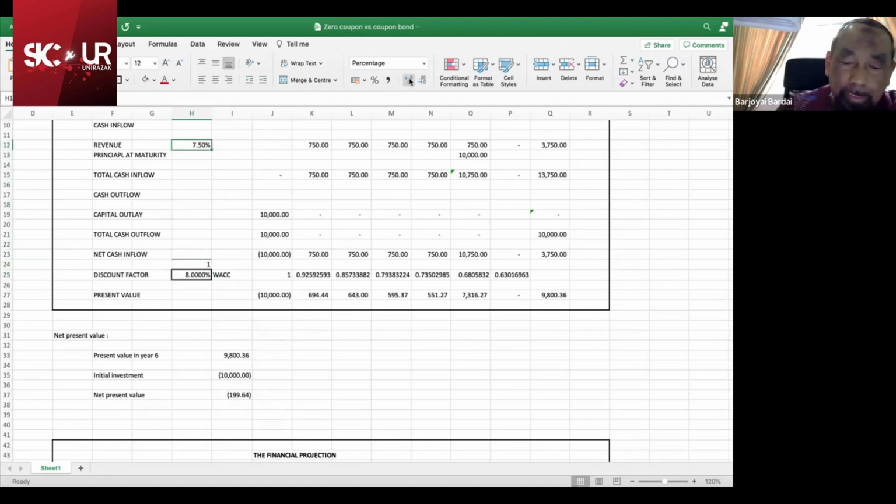Only when your coupon rate is 8% will you have a zero net present value. So then you know that the IRR of this bond is 8%.